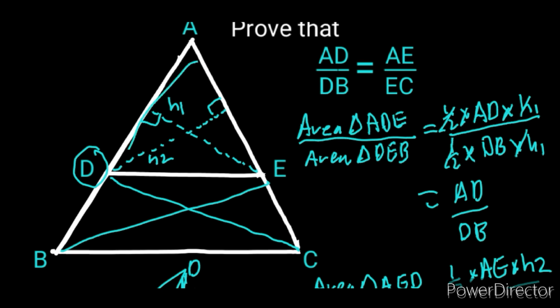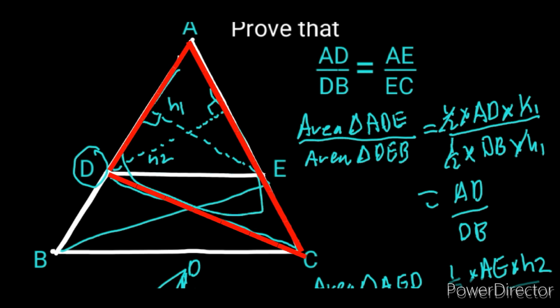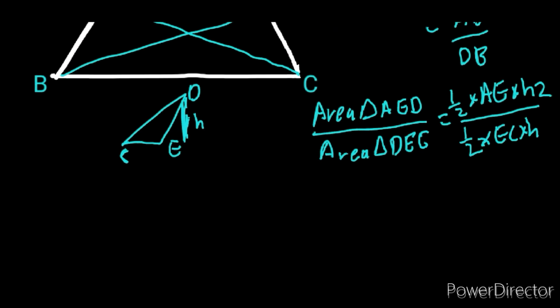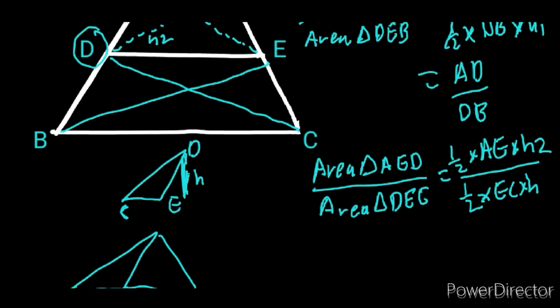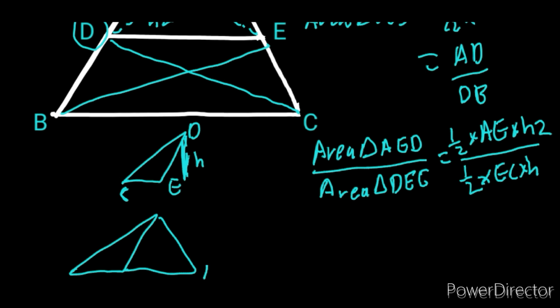So notice whenever these two triangles are sharing the same vertex, in this case it's D, they will both have the same perpendicular height. If I draw this portion, notice that we're going to end up having, let's just draw it. So if I draw it, this is what we have. So now notice that this is triangle ADE. So A will now be this side. So it's going to be ADE, right?